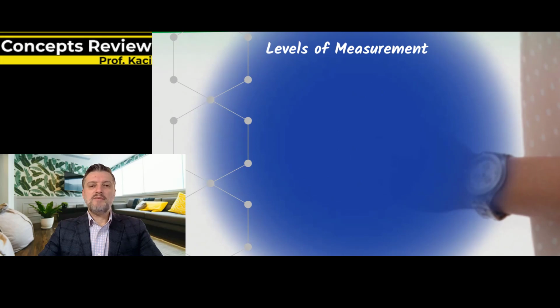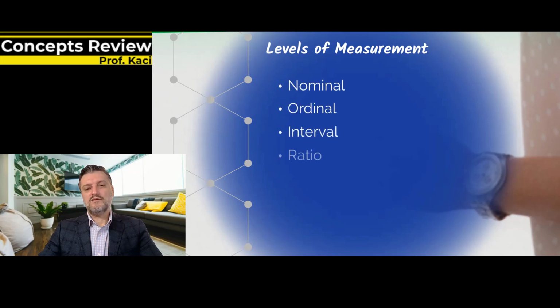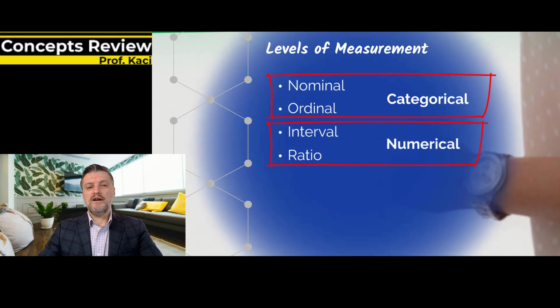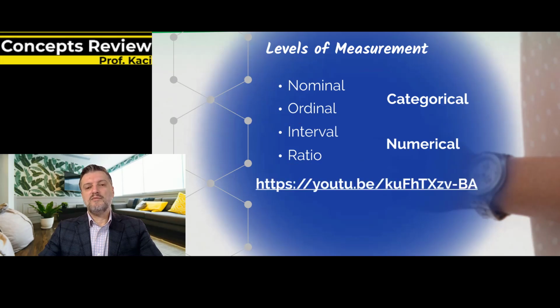Variables may be measured on 4 levels: nominal, ordinal, interval, and ratio. Nominal and ordinal variables are usually called categorical variables, while interval and ratio are numerical variables. For detailed information on levels of measurement, please watch a video I have put on Blackboard and YouTube on this very topic.